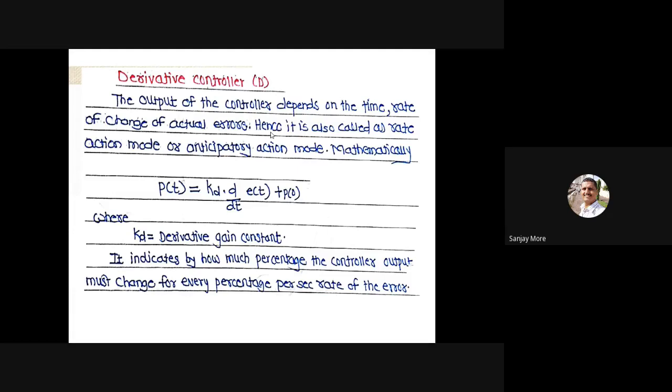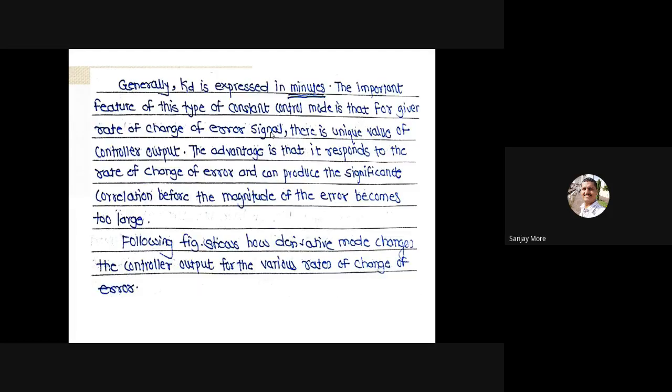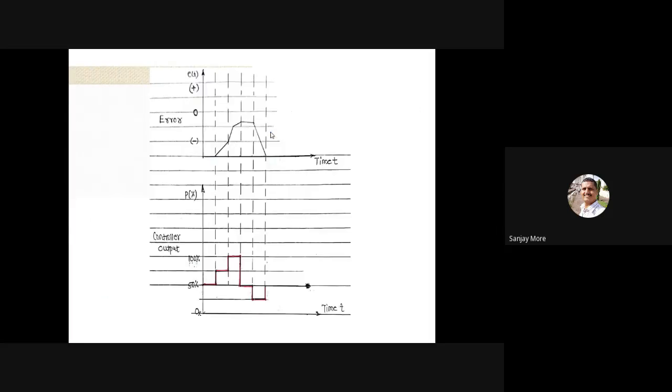This expression indicates how much percentage the control output must change for every percentage per second rate of error. Generally KD is expressed in minutes. These are the two graphs of error versus time and control output versus time.